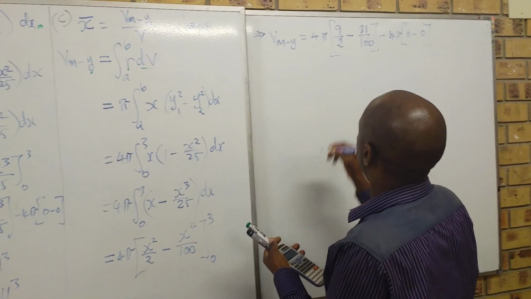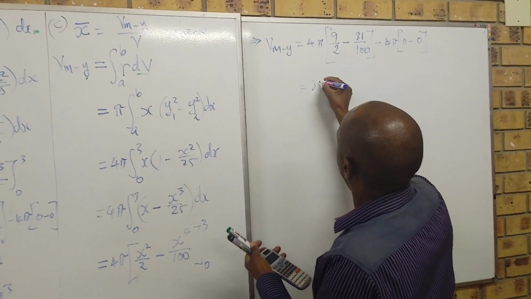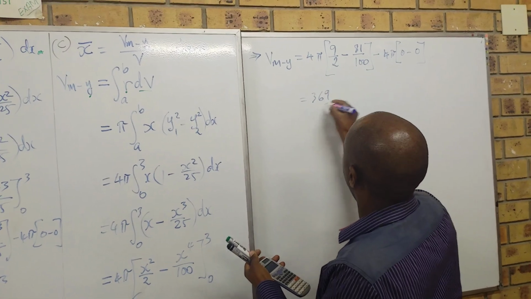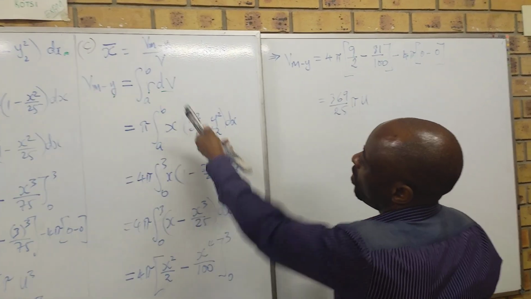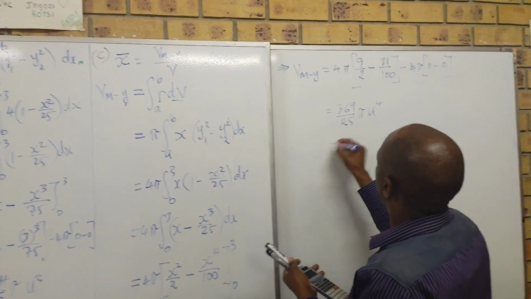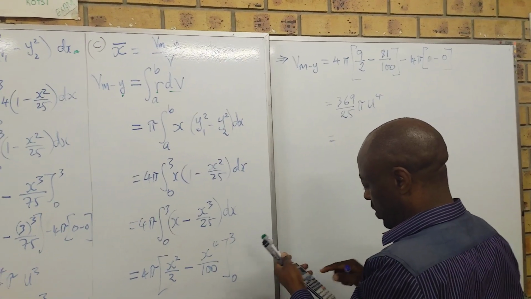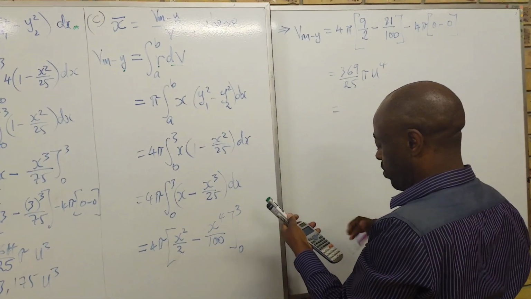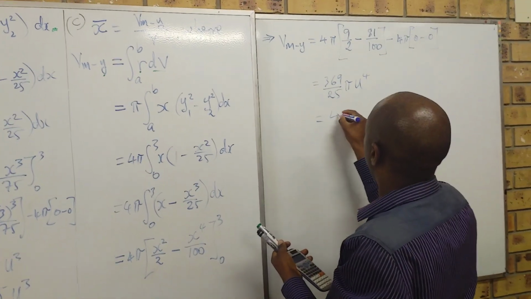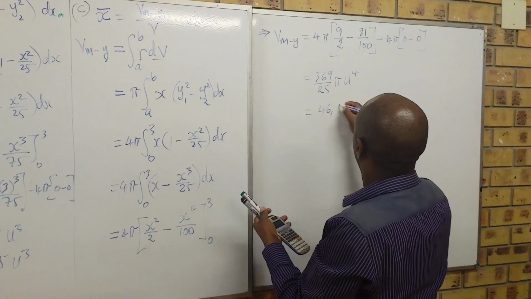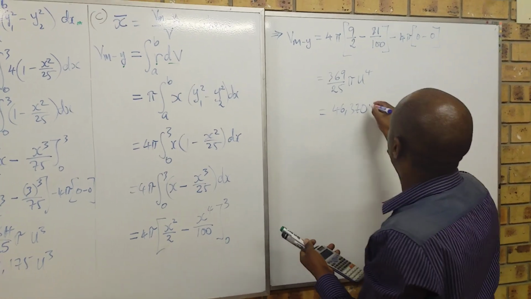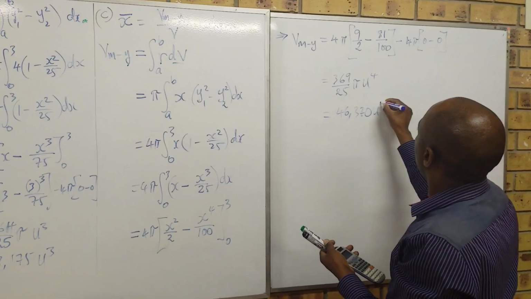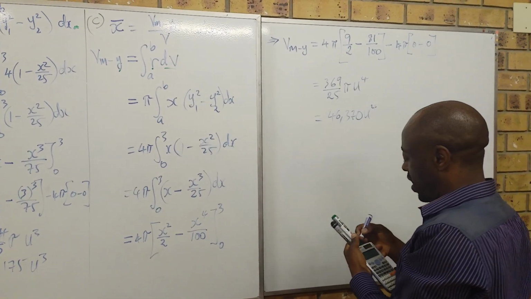So if I take times 4 pi, that gives me 369 on 25 pi, unit to the power 4. If you put your answer in this form, it's still accepted. It's not a problem. That will give us 46,370. So that is your area moment, volume moment about the y-axis.